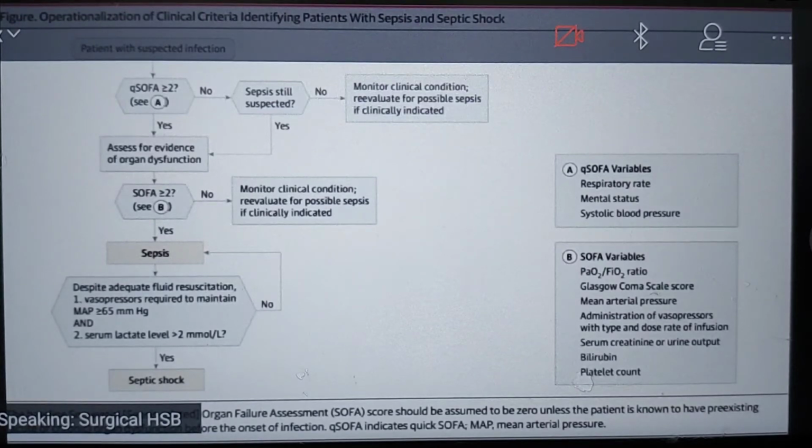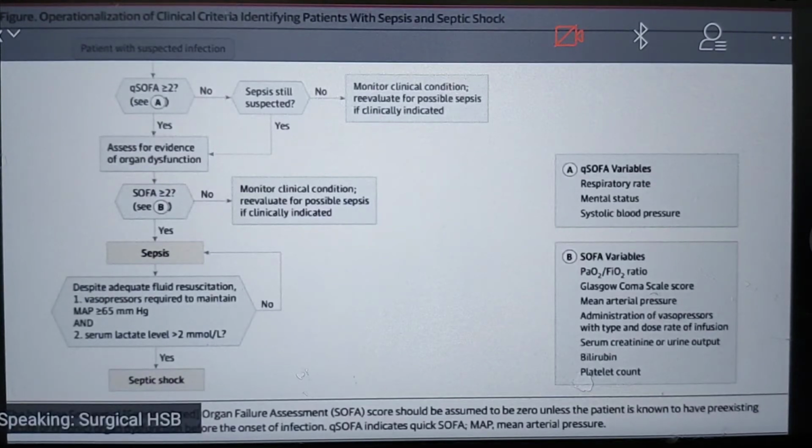Then we need to use the SOFA score. If SOFA score is more than 2, we consider this patient as having sepsis. Then we need to start adequate fluid resuscitation. If the patient, despite adequate fluid resuscitation, still needs vasopressor to maintain MAP 65 or more and the serum lactate is more than 2, we consider this patient as having septic shock.